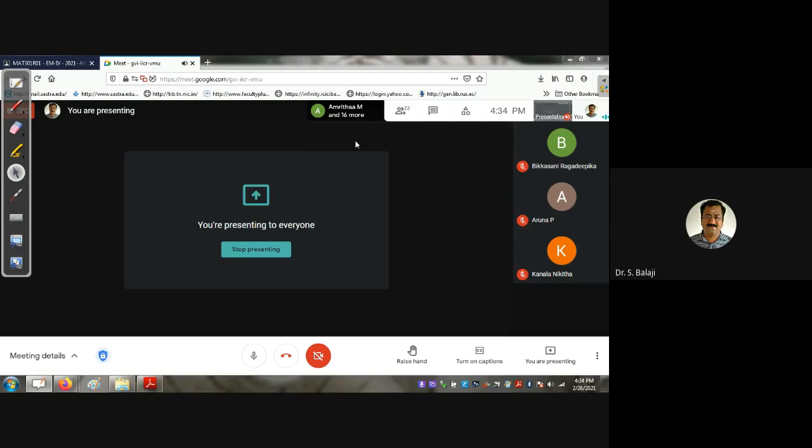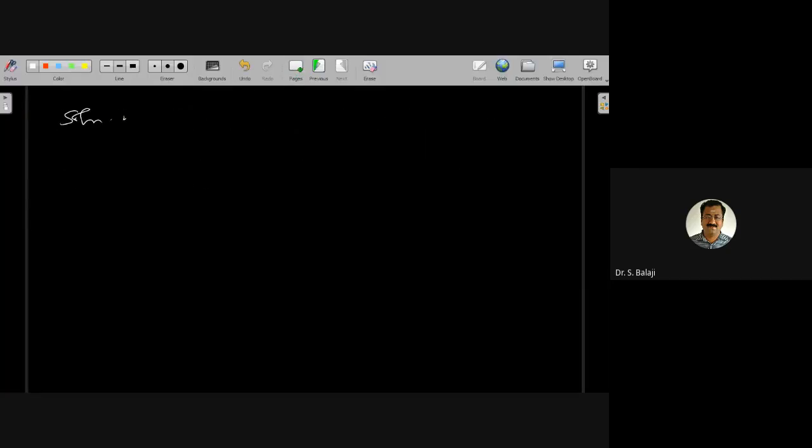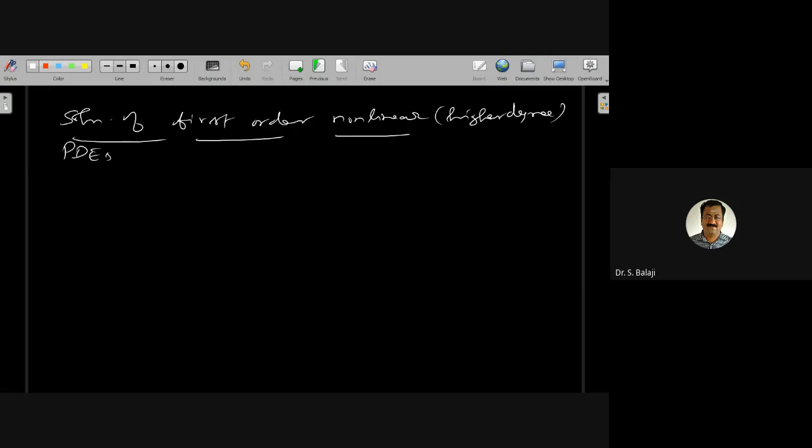First order higher degree or non-linear PDEs: you are going to see the solution of these now. In this way, we are going to see the first type here.